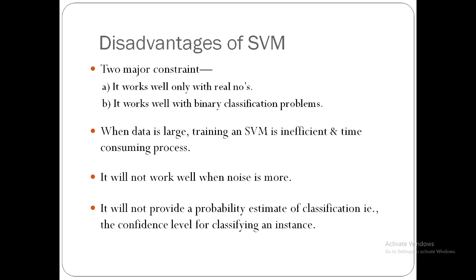See, the work of the SVM is classification, splitting the data into two by finding the boundary, by finding the hyperplane. See, this is the main important point of the SVM.